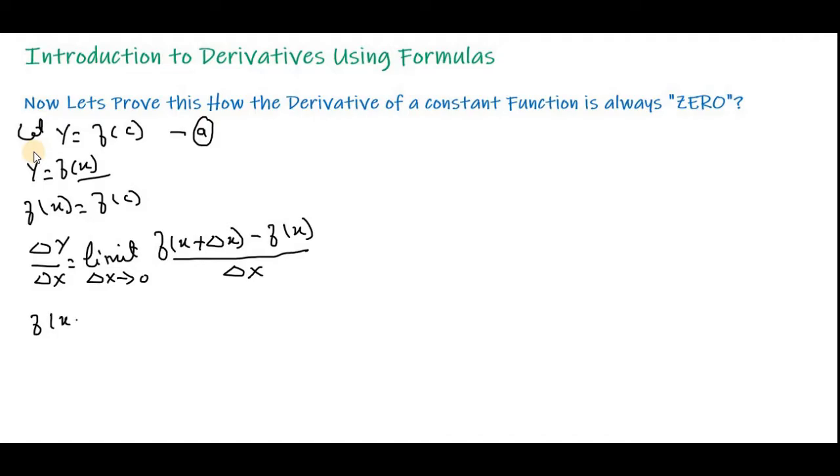Now what we need is f of x plus delta x and f of x. So f of x is already given in equation, we can say B. So adding delta x on both sides of equation B, we can get the required f of x plus delta x.